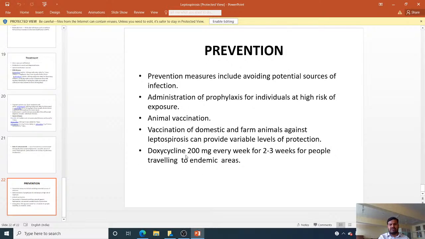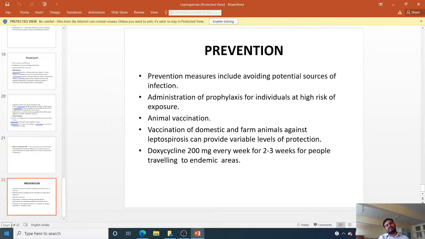So doxycycline 200 milligrams every week. For prevention, avoid the potential sources of infection and administer prophylaxis, prophylactic antibiotics, which is doxycycline, for individuals with high-risk exposure.